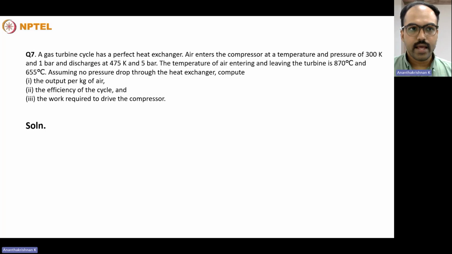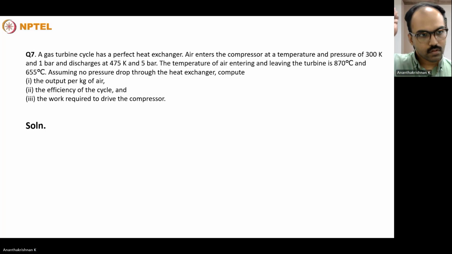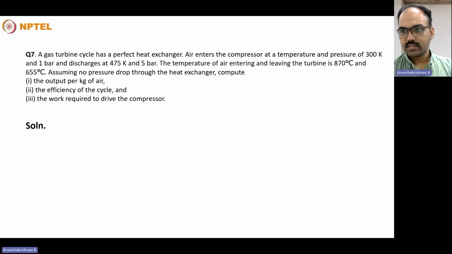The temperature of air entering and leaving the turbine is 870 degrees Celsius and 655 degrees Celsius. Assuming no pressure drop through the heat exchanger, compute the output per kg of air, the efficiency of the cycle, and the work required to drive the compressor.